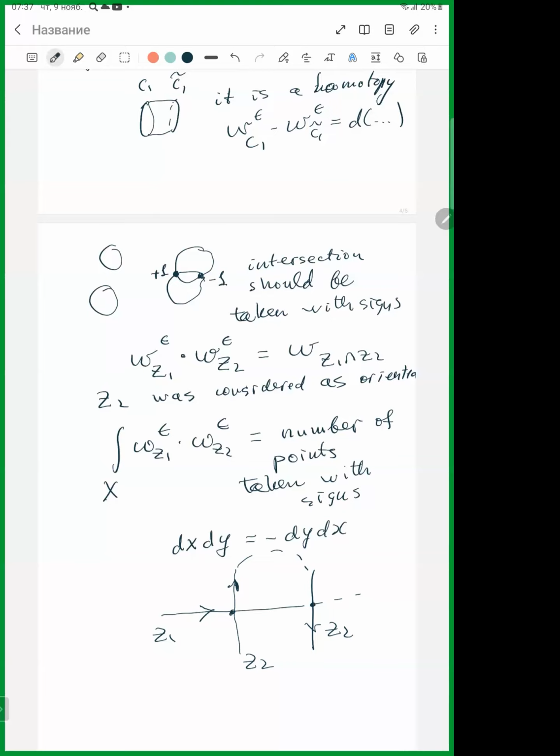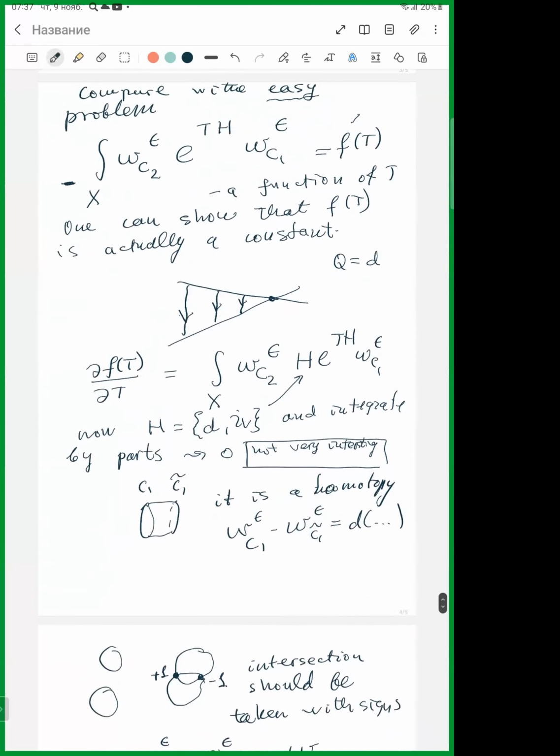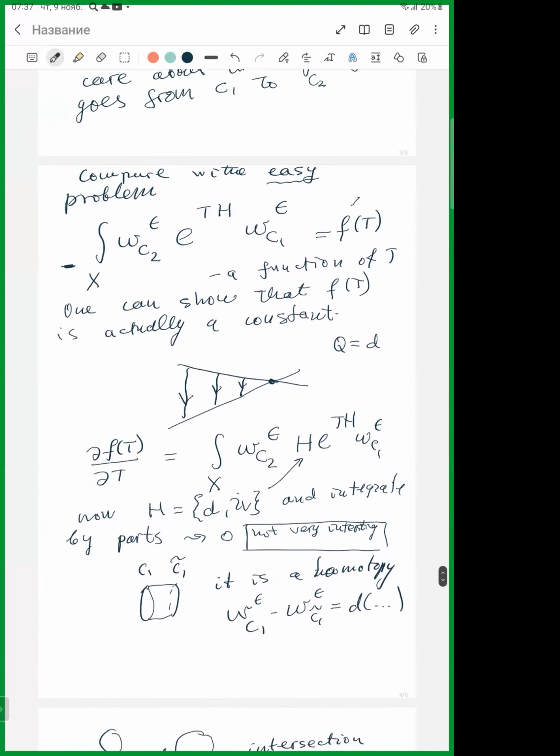Okay, so my point is to say that the easy problem is a problem where you do not have a differential form. You have a function, and the function is constant.